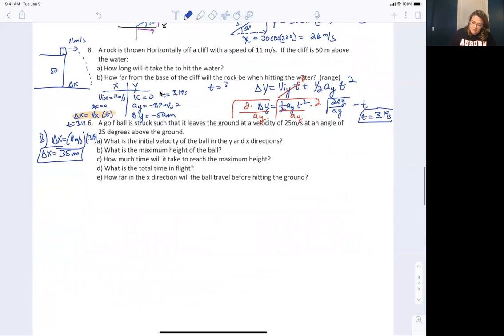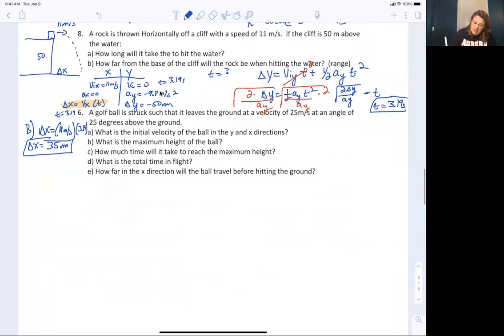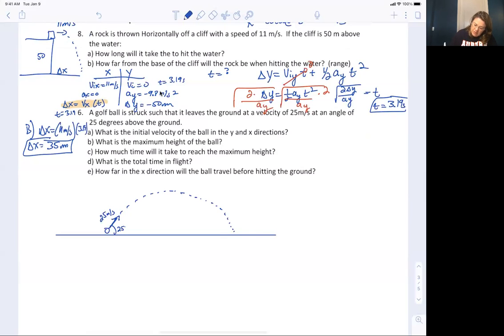Okay. A golf ball is struck such that it leaves the ground at 25 meters per second. So here it is. It has a velocity of 25 meters per second at an angle of 25 degrees above the ground.